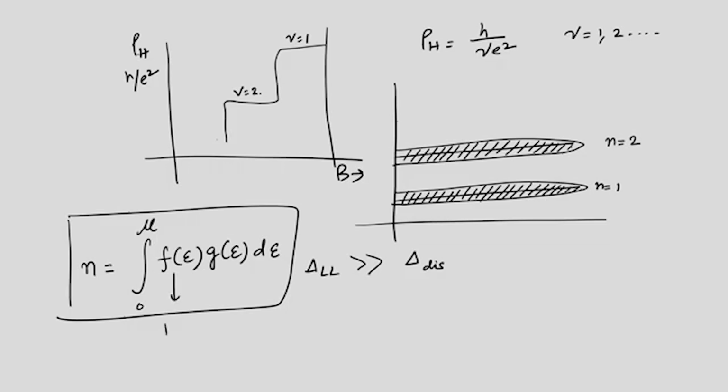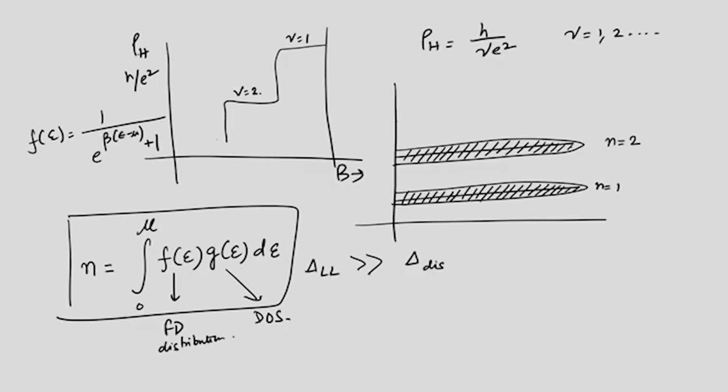This is the Fermi distribution function, FD distribution, which you know from elementary statistical mechanics: f of epsilon is equal to 1 over exponential beta epsilon minus mu plus 1, and G of epsilon is the density of states. This will give you n, which is the carrier density.